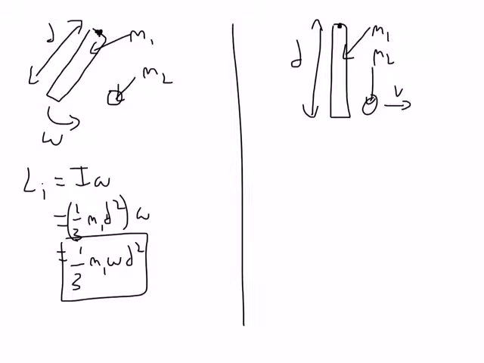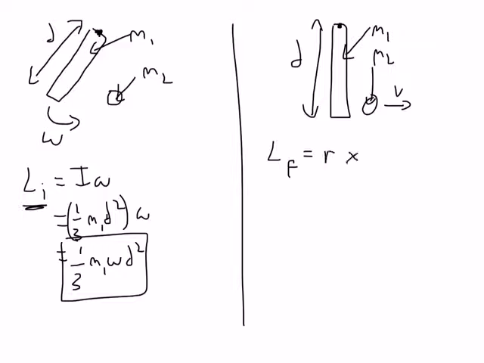Really, it leads into part B, which is where we have to figure out the speed of the ball, so the linear speed v after the collision happens. And once you recognize that it's a collision, we just found an initial angular momentum, so if we could find a final angular momentum, then we could equate the two and solve. And since the ball is essentially a point mass, it doesn't make sense to use the I omega definition.